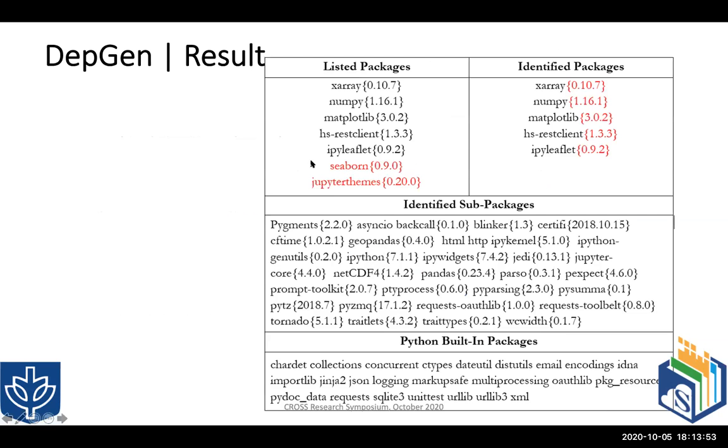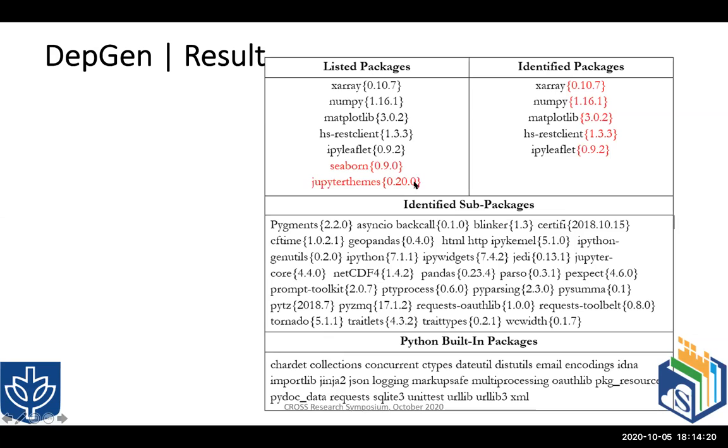So here is a result for the previous experiment that I showed you. This is for PySumma. As you can see, there are lots of packages that DebGen reports. DebGen reports any Python built-in packages, and sub-packages that might already be present in the packages that a user is going to install.